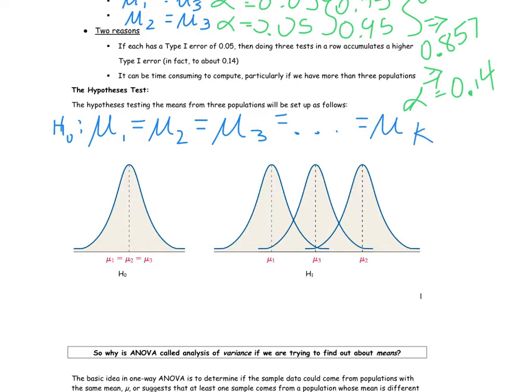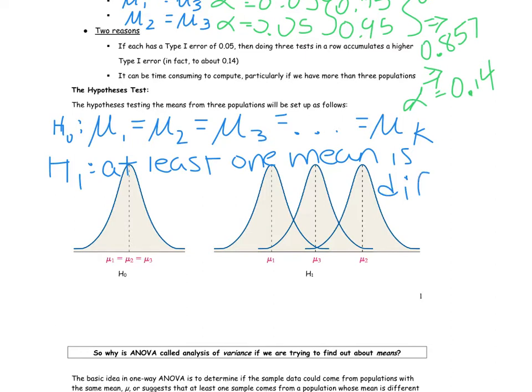There's our null hypothesis. And then our alternative for an ANOVA test is always going to look like this: at least one mean is different.